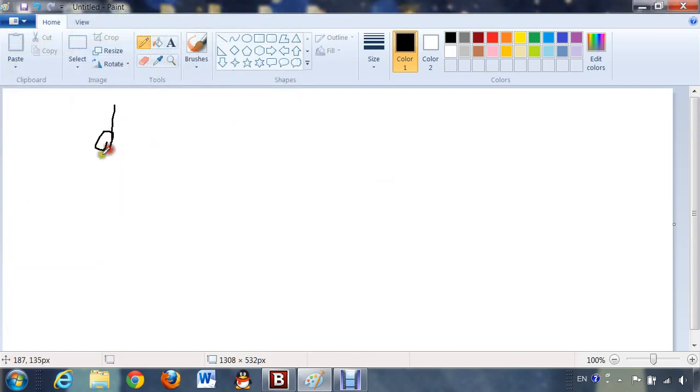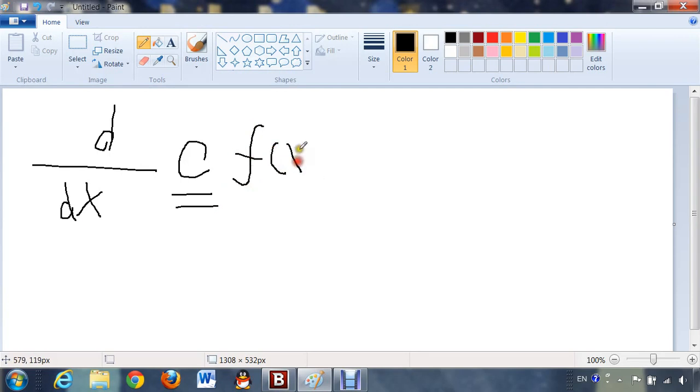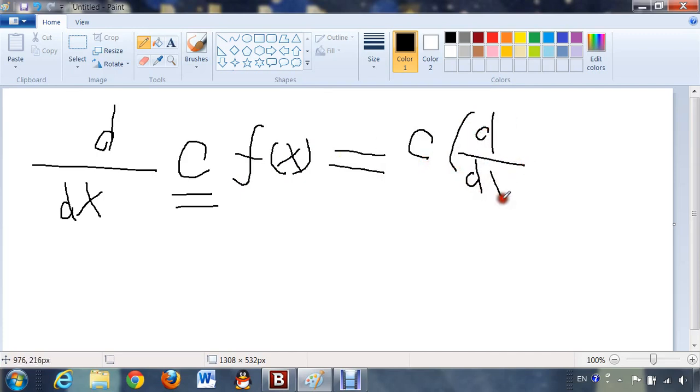Another one, the derivative of a constant times a function, where you just take out the constant and multiply it with the derivative of the function.